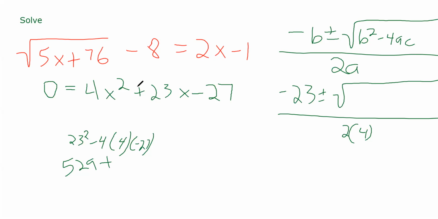That's going to turn into addition altogether, and that's going to become 432. And altogether, we're going to get 961 for the discriminant. So it's going to be a 961 in here, is what that simplifies to.